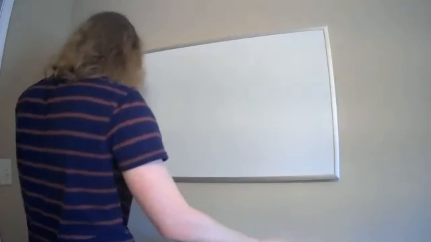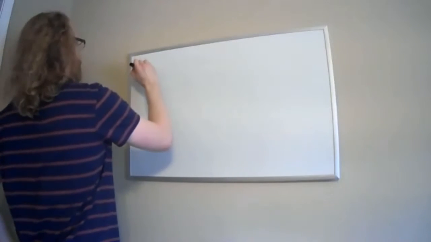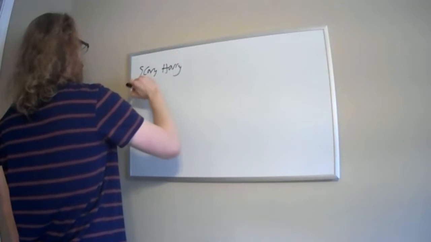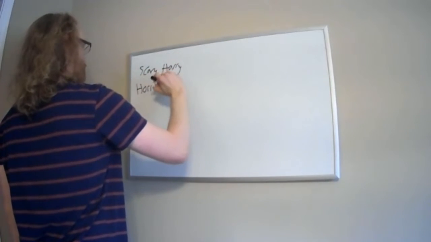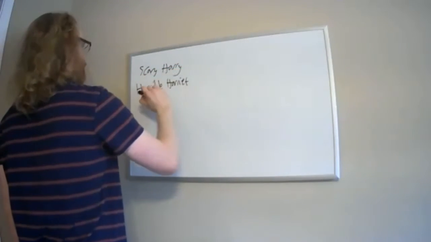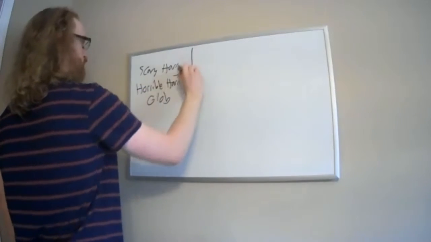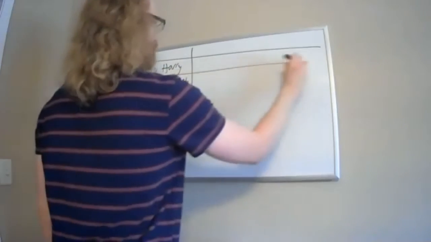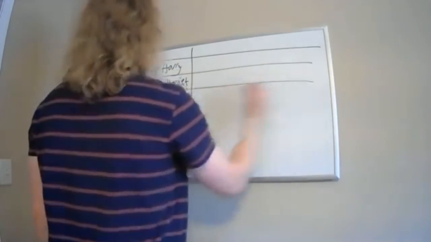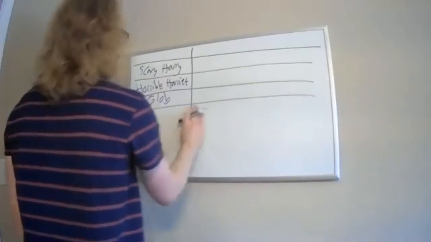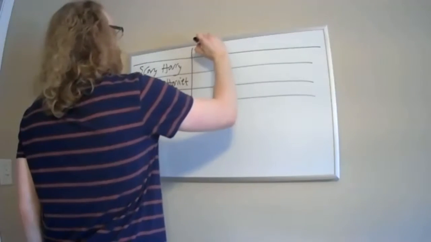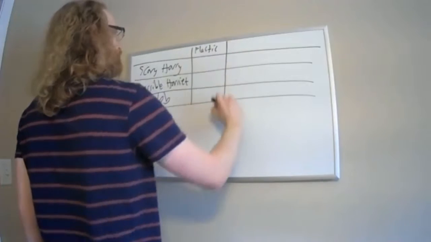So here's our table. Scary Harry, Horrible Harriet, and the Glob. And we're going to make this nice table. All right, so here's what this says. To make a doll, of course, is going to take plastic.